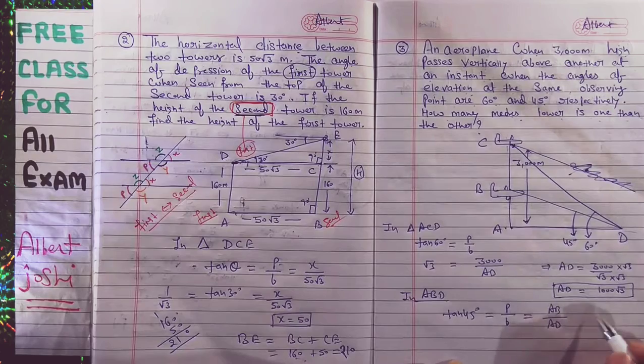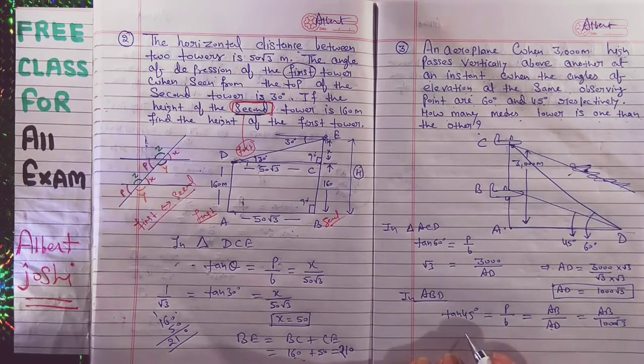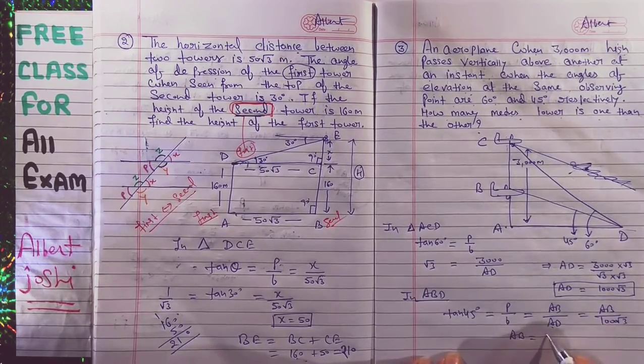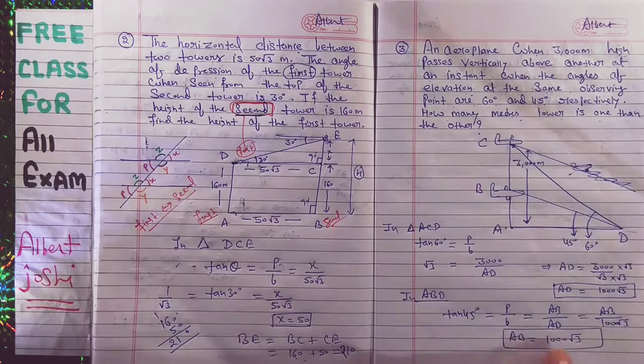We don't know AB, but AD we know, that is 1000 square root of 3. So tan 45, what is tan 45? Tan 45 is equal to 1. So 1 is equal to AB upon 1000 square root of 3. So your value of AB is 1000 square root of 3.